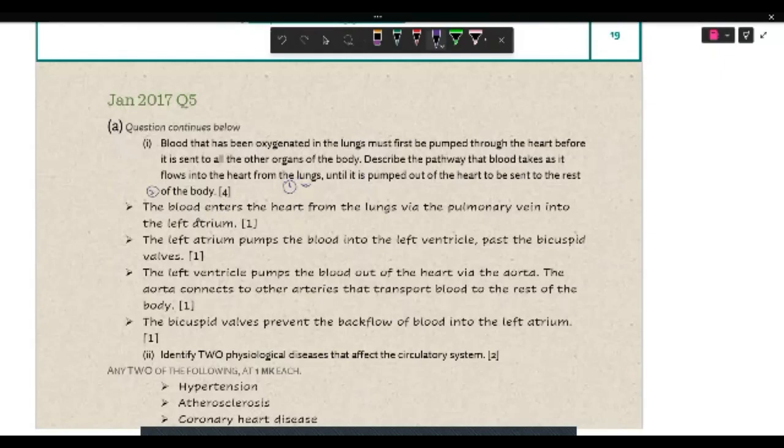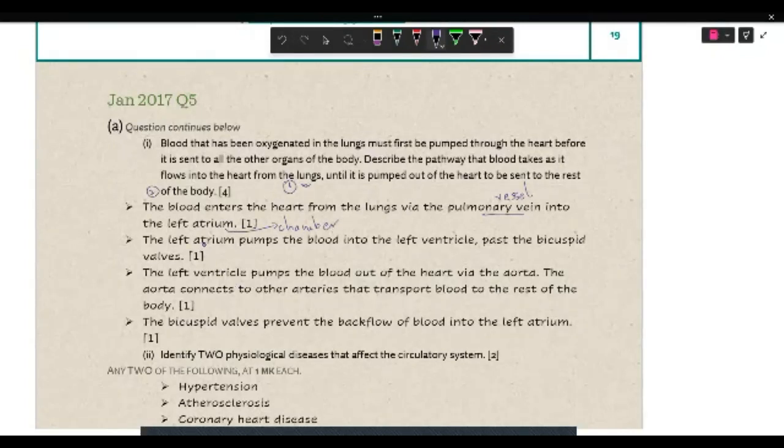So the first step, the blood enters the heart from the lungs via the pulmonary vein into the left atrium, right? And note that we're making sure to name the vessel, and we're naming the chamber, right?